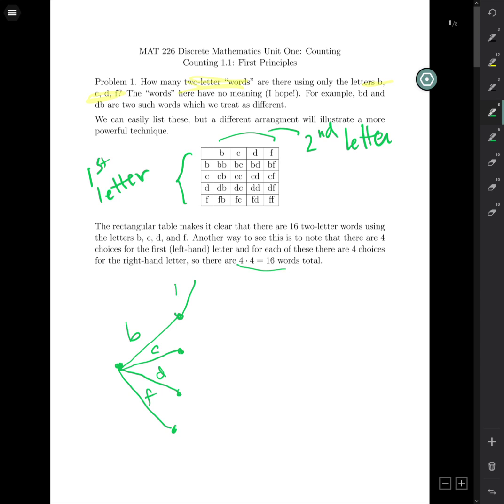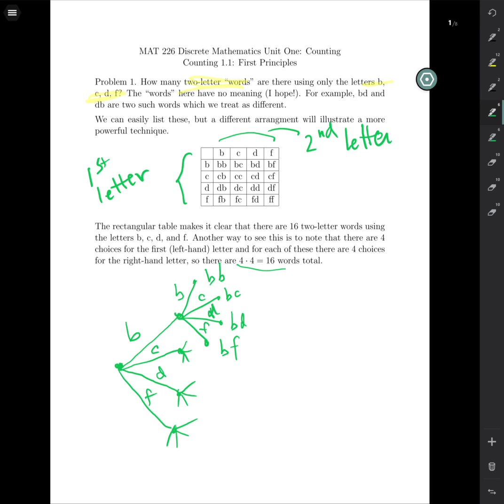Here we'd have B, C, D, and F, and these 4 nodes represent BB, BC, BD, BF. Each of the first branches would have 4 branches off of them. I'm not going to draw them all in with the letters, but there are 16 nodes for the subsequent letters. That gives us 4 times 4 equals 16 such words.